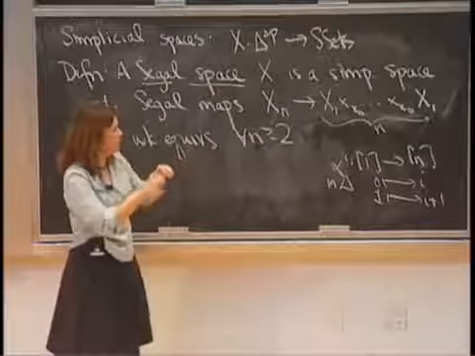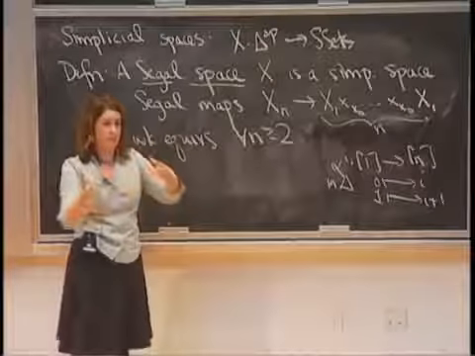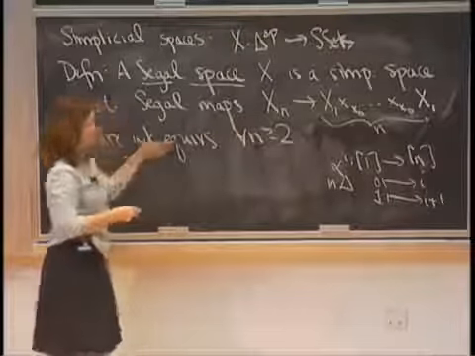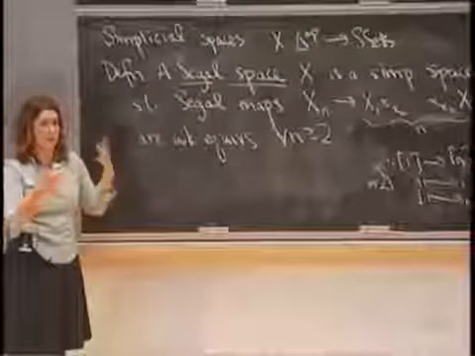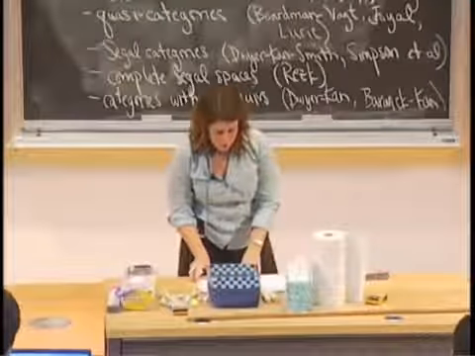So I have a string of 1-simplices, and I can always fill it in with an n-simplex. Now, this is just a weak equivalence, so you're not literally always able to fill it in with an n-simplex, but close enough. Up to homotopy you are. Okay.